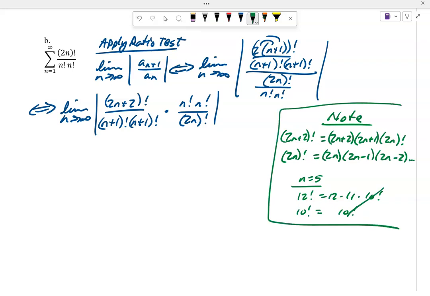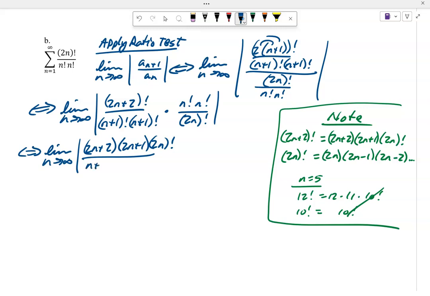So that 2n plus 2, I'm going to write that as (2n+2)(2n+1), and then I got that 2n factorial. And on this bottom, I'm going to write that as (n+1) n factorial, and (n+1) n factorial.